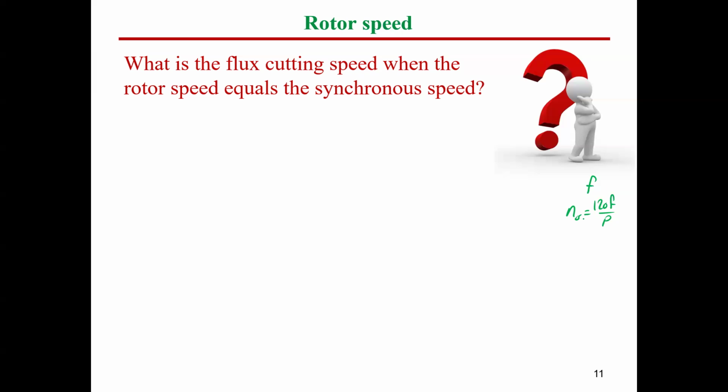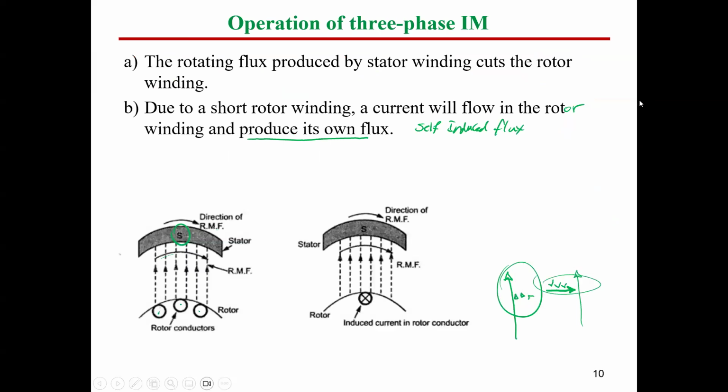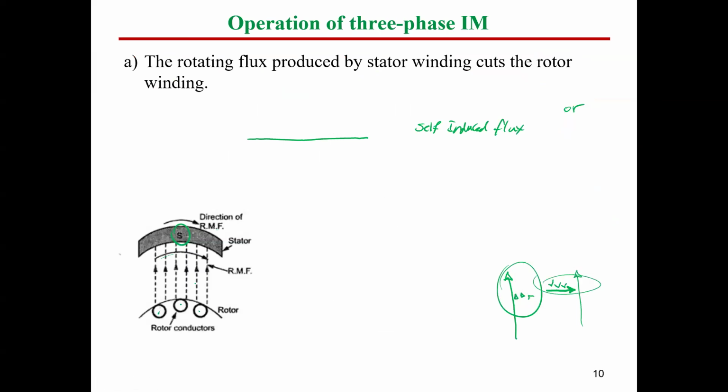But can you imagine now, for this conductor, guys, if this conductor is already rotating with the same speed as the field, is there any kind of cutting between the magnetic flux lines and the conductor itself? If both are rotating with the same speed, there will be zero cutting speed.